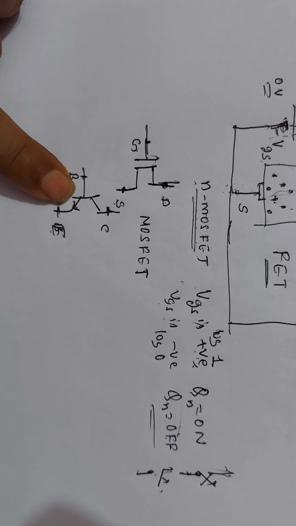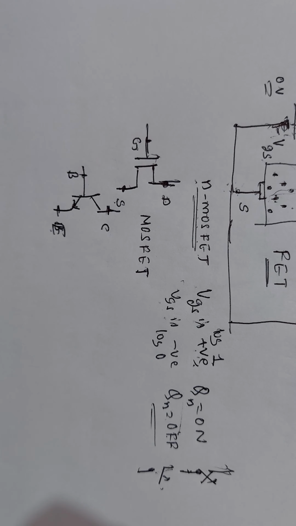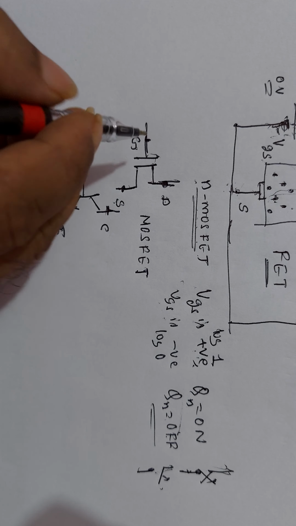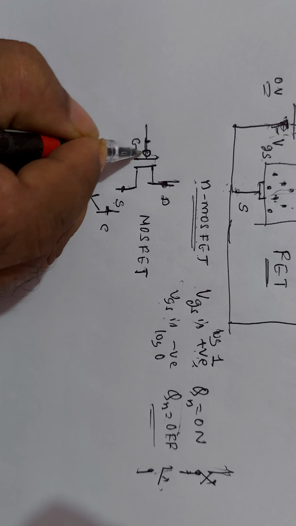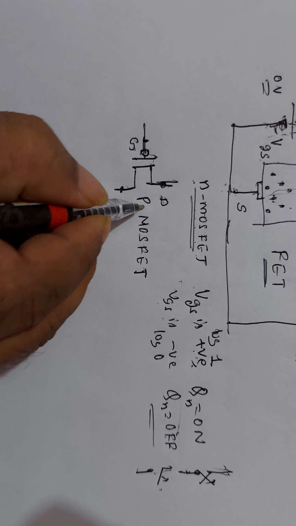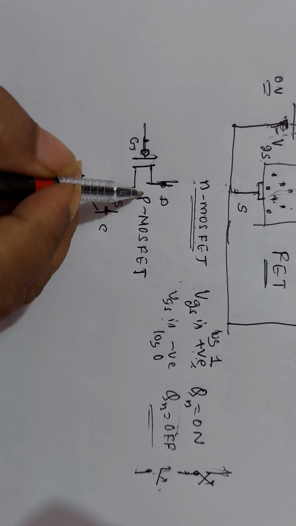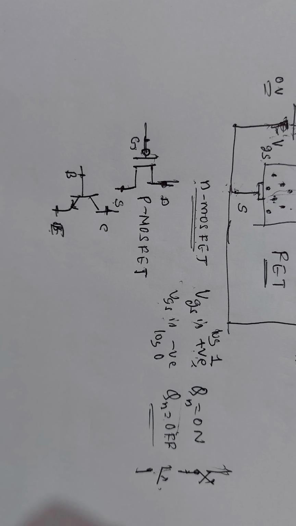Whereas this is a current device, this is a voltage device. So if you represent 0 at this point, this represents P-channel MOSFET. If you do not represent 0 here, it is called N-channel MOSFET.